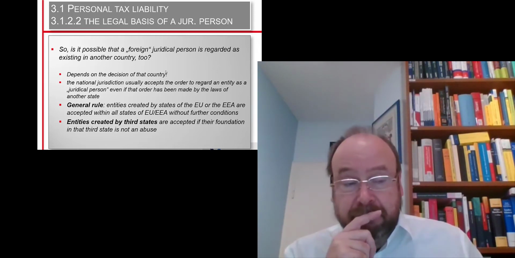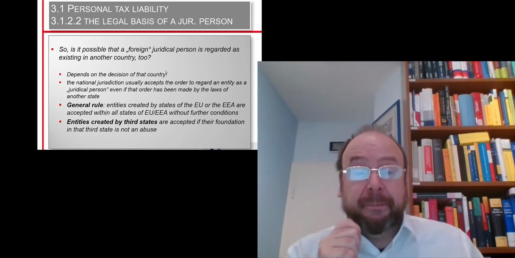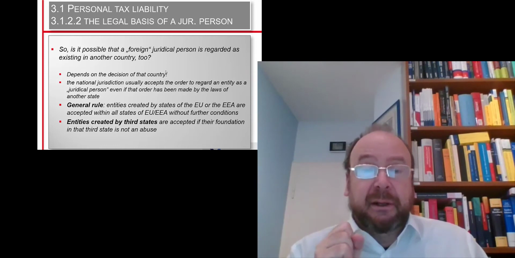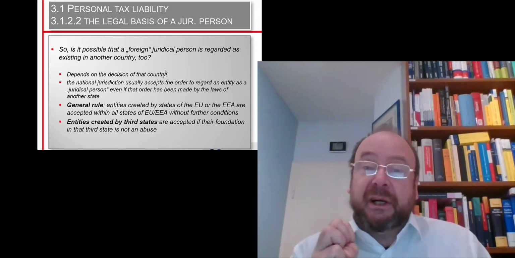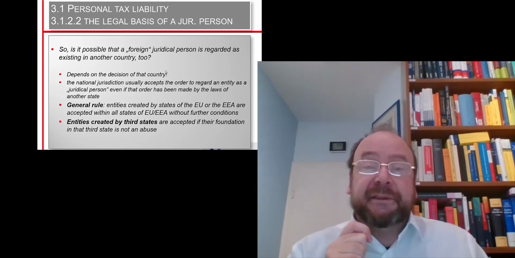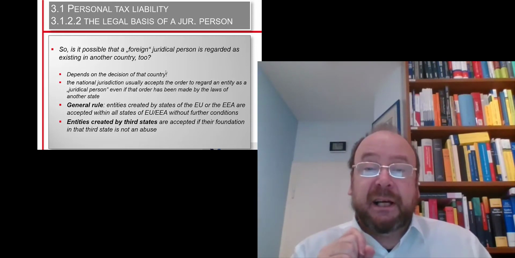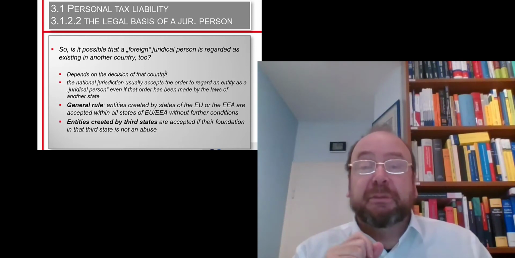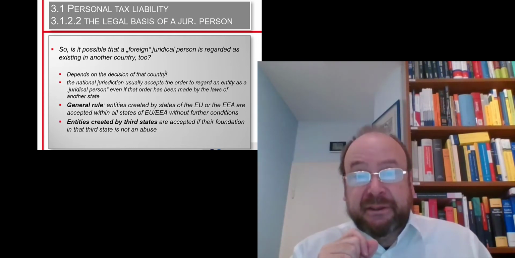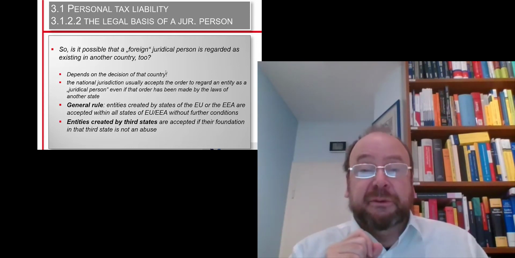Within the EU, by the way, the legal situation is a bit different. EU law has harmonized company law, and there is a rule which says a foreign person having the citizenship of another EU state may never be discriminated in comparison to a person of your own country.